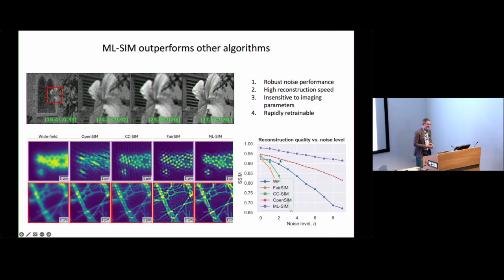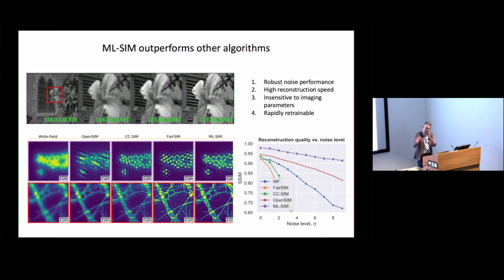I don't want to spend too much time on this, but an advantage is that once you've trained the algorithm, which takes about a day or so, you put your system parameters into the model, you use these artificial image data sets, and you get a training data set based on a real physical model.